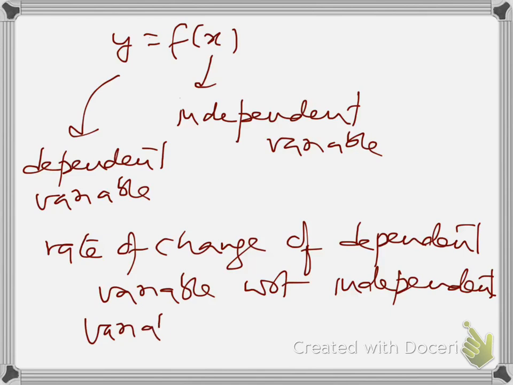So whenever you have two variables, one is independent and one is dependent, and you have a relation between them, then you can define rate of change of the dependent variable, meaning how fast the dependent variable changes for a small change in the independent variable. That is rate of change.